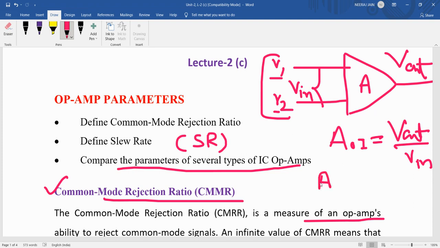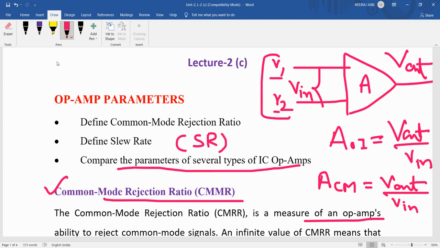The common mode gain ACM can be defined as Vout upon Vin. So ideally the common mode gain should be zero if we are not giving any input, but it has some value.